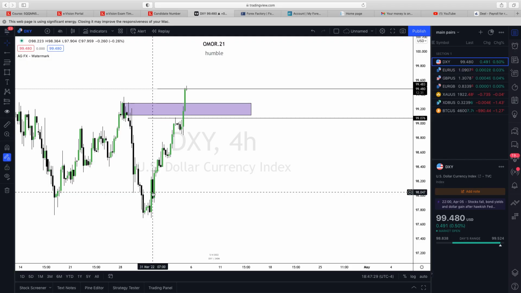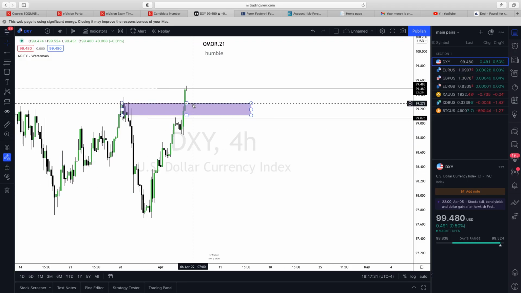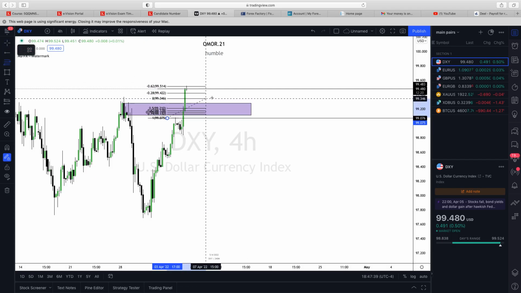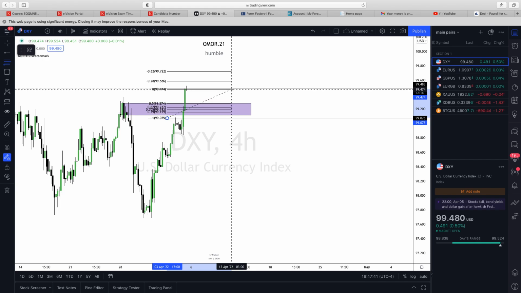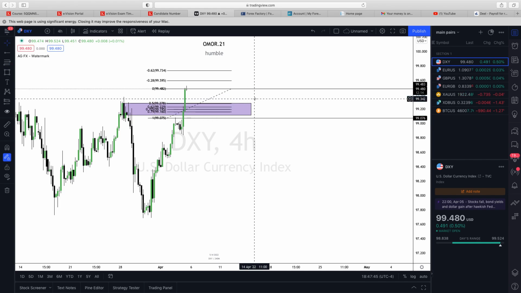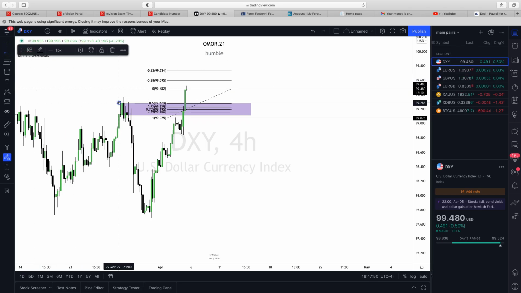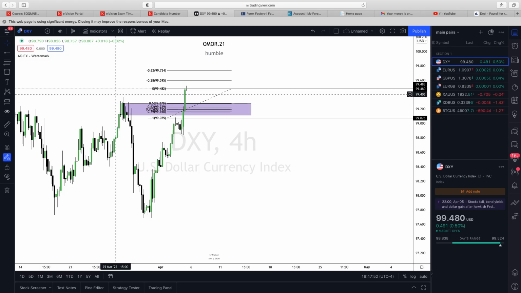And you see how it's with the 50% within the 50%, right? So let's measure the imbalance because this was the imbalance that we had. That's a bit dodgy. Let me delete that.